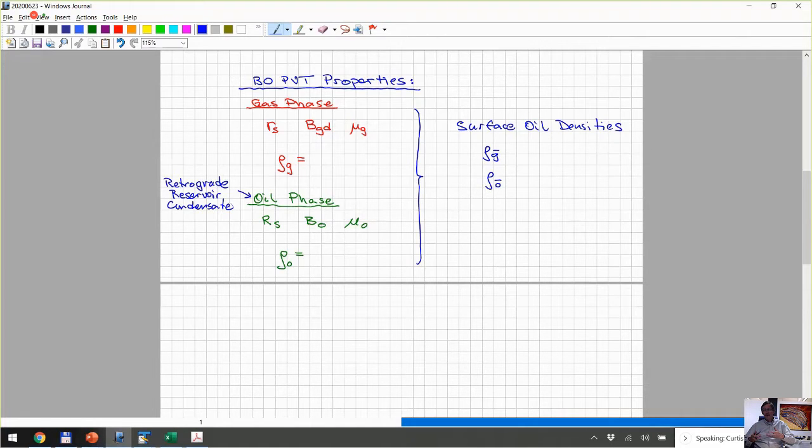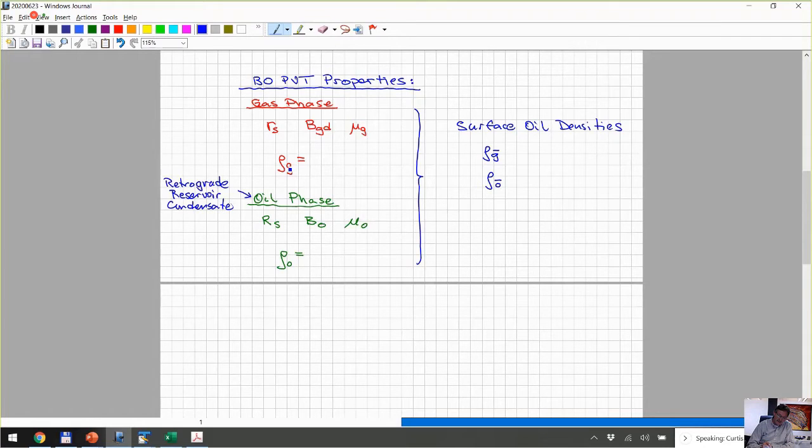It has essentially zero mobility, so it doesn't move with gravity forces or anything. So you don't really need densities per se for gas condensates. But if these Blackoil tables are being used in building your tubing tables, then the gas and oil densities start becoming important.